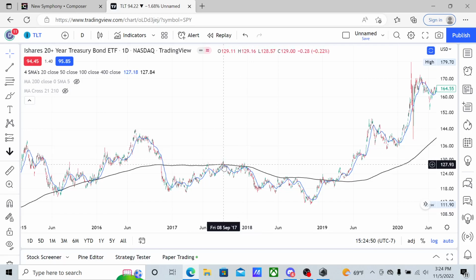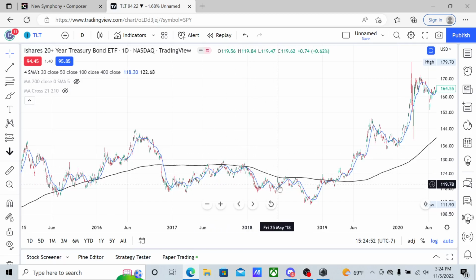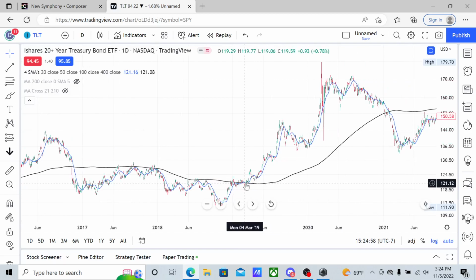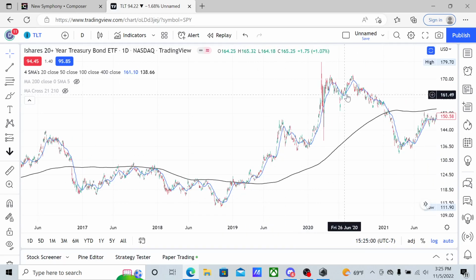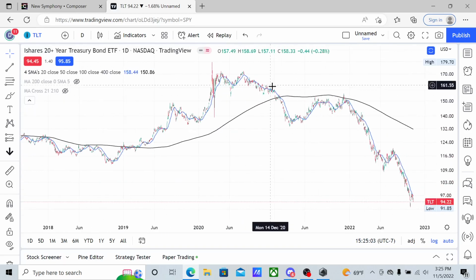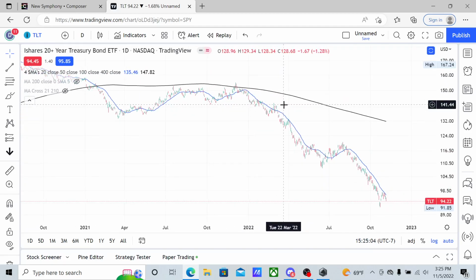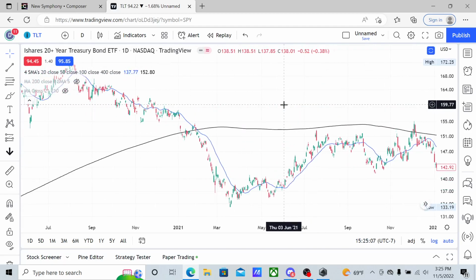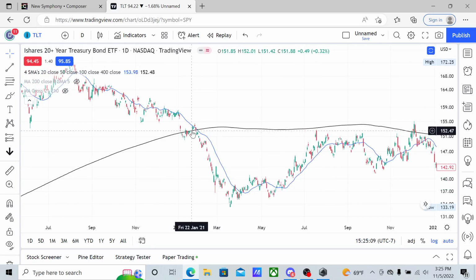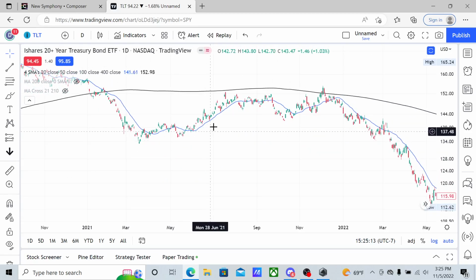So touched it there, touched it there, touched it there, continued downward, rode right along it here, and then started its next upward move, came down. Let's see, sort of retested the 400-day, but then started its next leg down.